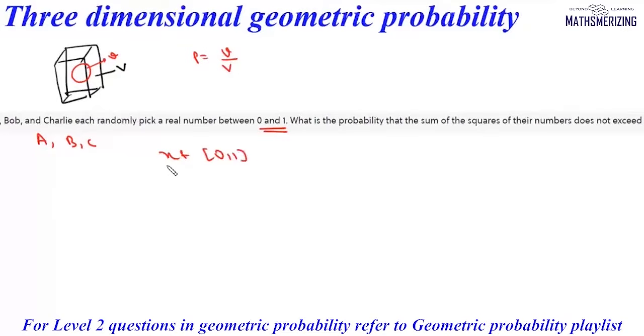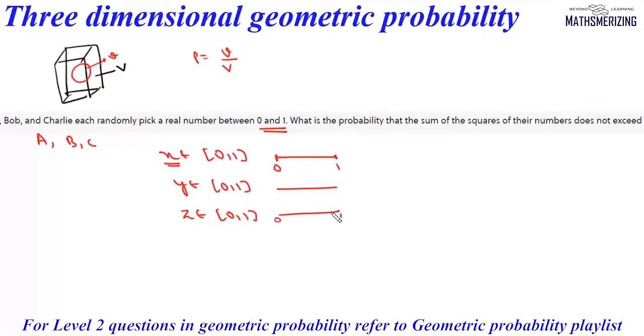For Alex, this choice is represented by the variable x, which can take any value from 0 to 1, which can be represented by this line segment. For Bob, suppose it is represented by y, and again it is a line segment of length 1. And for Charlie, say it is z, which again is a line segment of length 1.